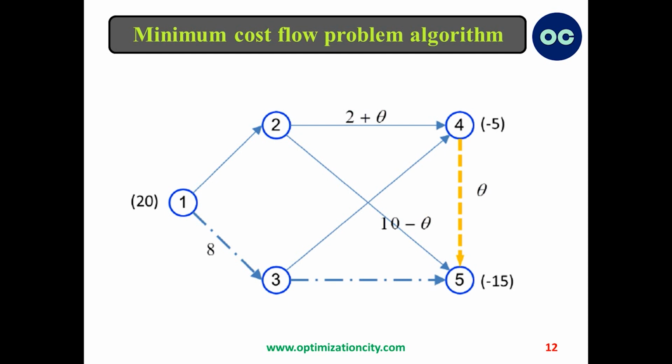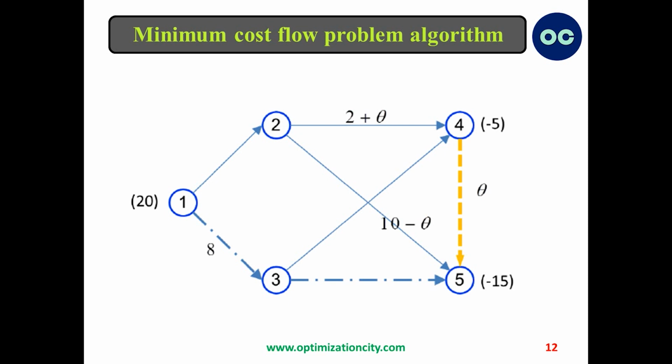By adding the flow theta to node 5, there are two options to hold the balance equation again at node 5. First, decrease the flow of the incoming arc that is basic into node 5, or increase the flow of the outgoing arc that is basic from node 5. Here the first one is applied.